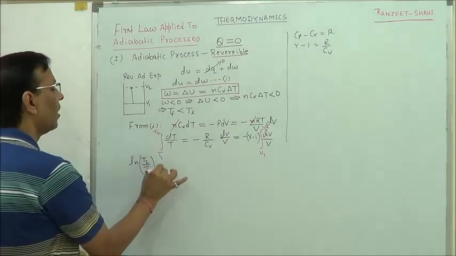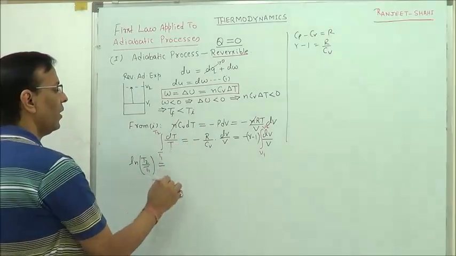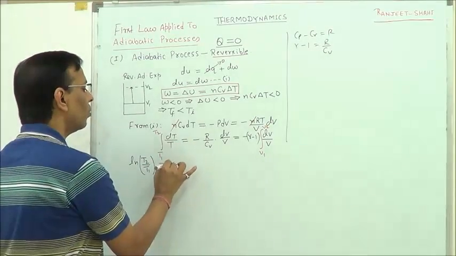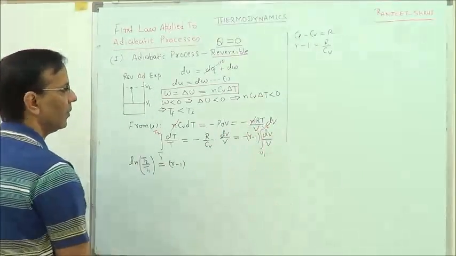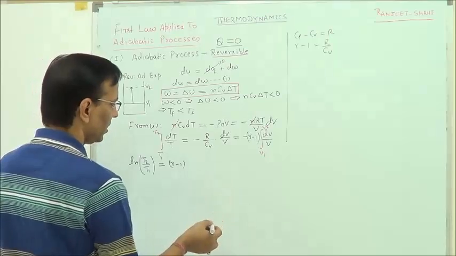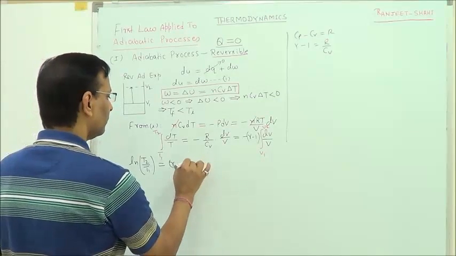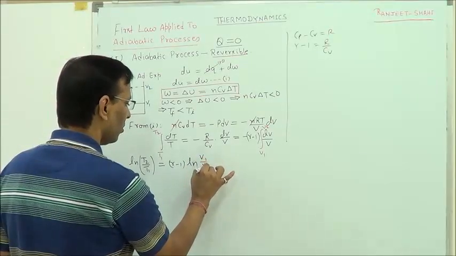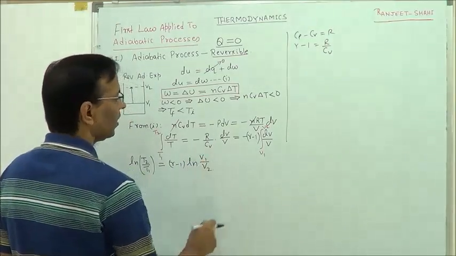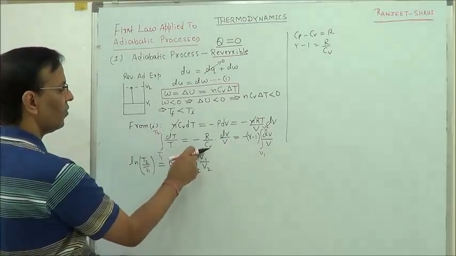On the right side it will be gamma minus 1, and I am taking minus sign inside the integration. So it will become ln of V1 by V2. Had not been minus sign there, it would have been V2 by V1.